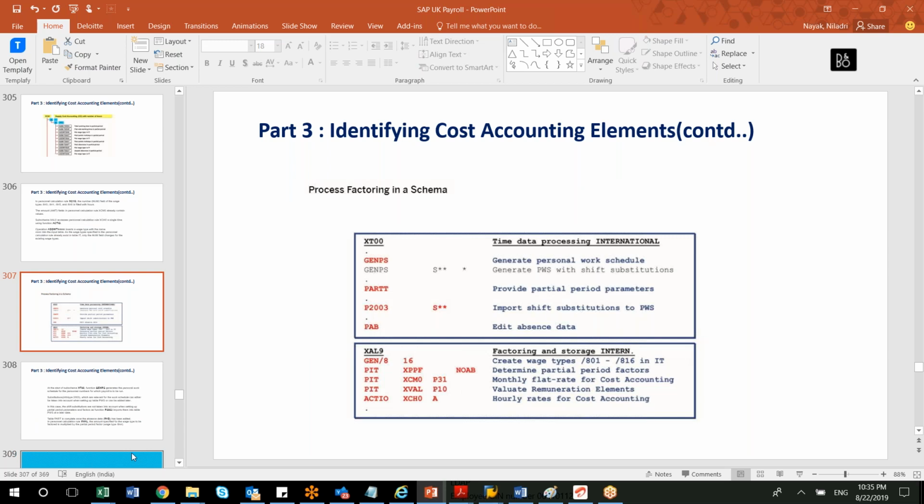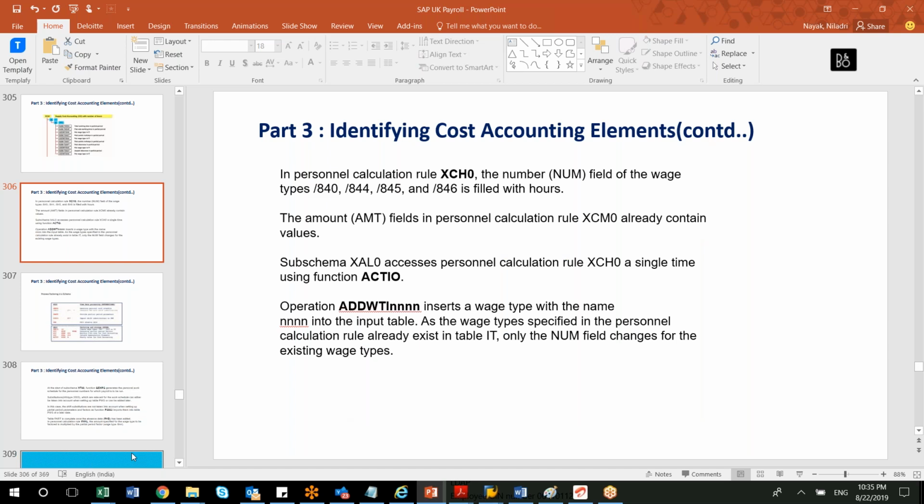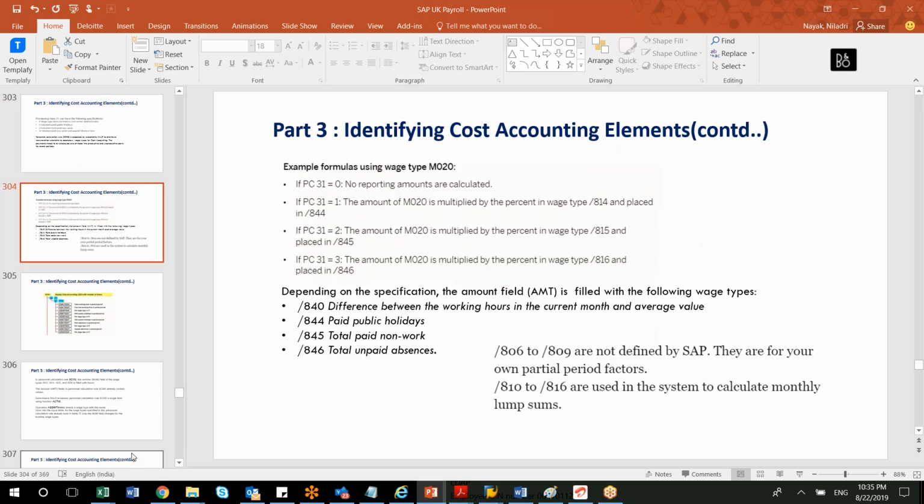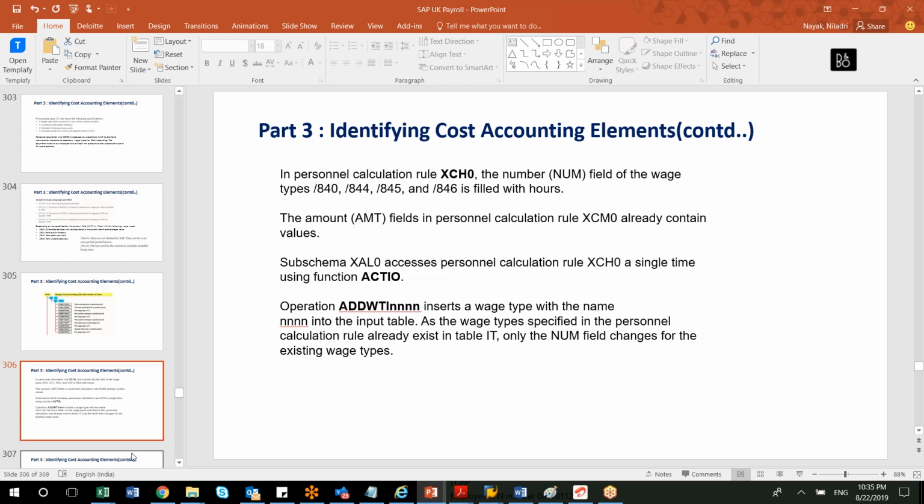If there are any changes, search for those respective wage types and those respective PE rules. Then you again come back and see what the differences are. Only then will you be able to understand how this factoring will be calculated. So that is from a cost accounting point of view.